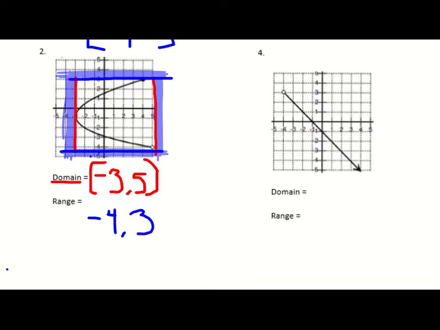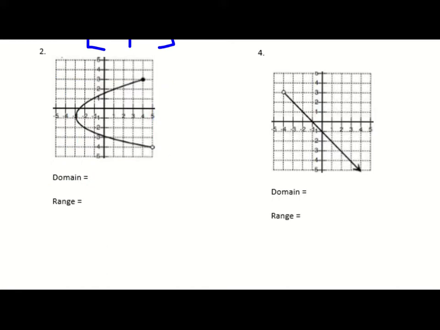At -4 was an open circle, that means parenthesis. Up here at 3 it was a closed circle, that means a bracket. So for domain and range, focus left to right, lowest to highest. Write those numbers and pay attention to what type of bracket you should have.